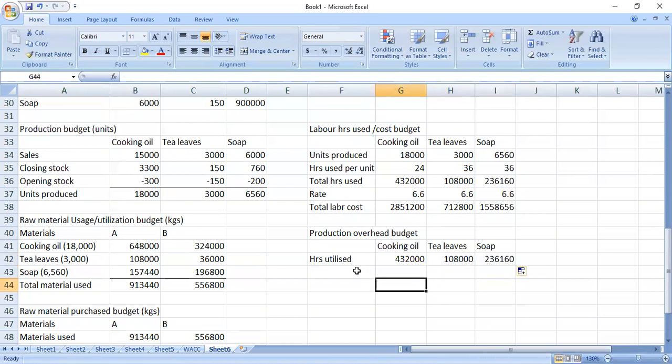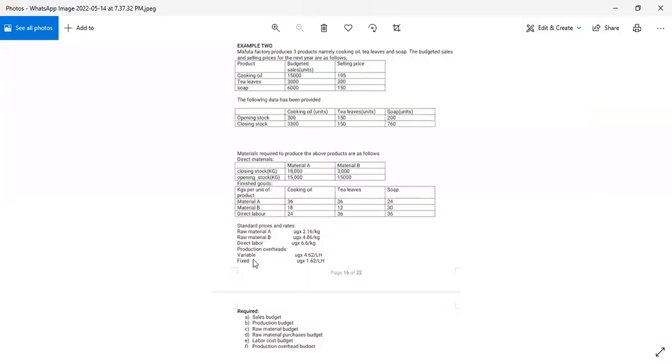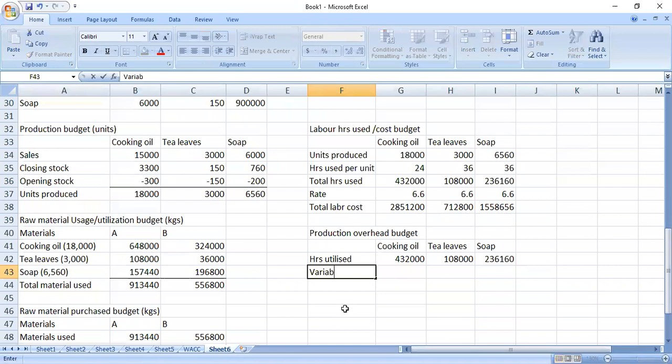Okay, those are hours. So they're giving us information, and then they're saying that for the variable production overheads, what you're going to do is get the 4.6 and multiply it by the labor hour. Okay, so variable is 4.6. Come and put 4.6.